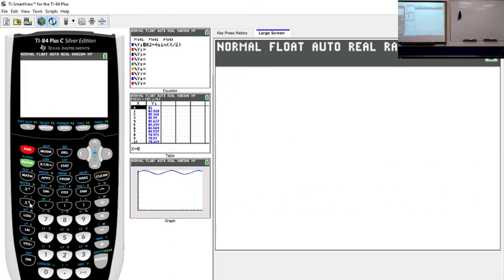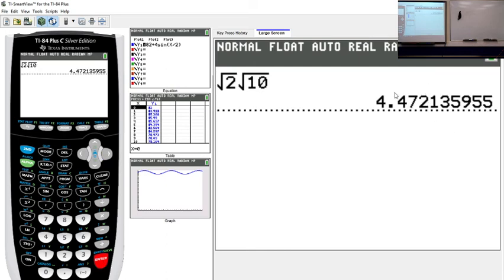So if I have square root of 2, I'm going to arrow over to the right, say I'm done with the square root, times the square root of 10. All right, it's about to give me a big decimal. Square root of 16 is 4, square root of 25 is 5, so square root of 20 is going to be somewhere in between there. 4.4721, I don't care. It's a big decimal.